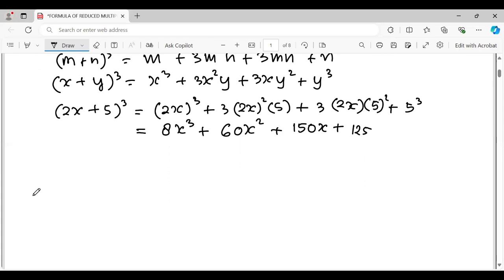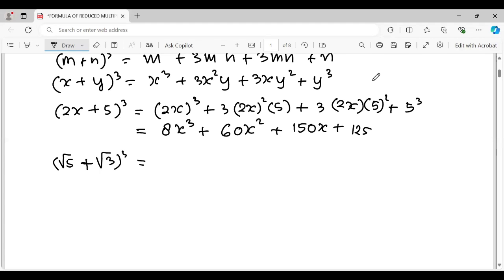Next, how about if the problem is like this: square root 5 plus square root 3 cubed.